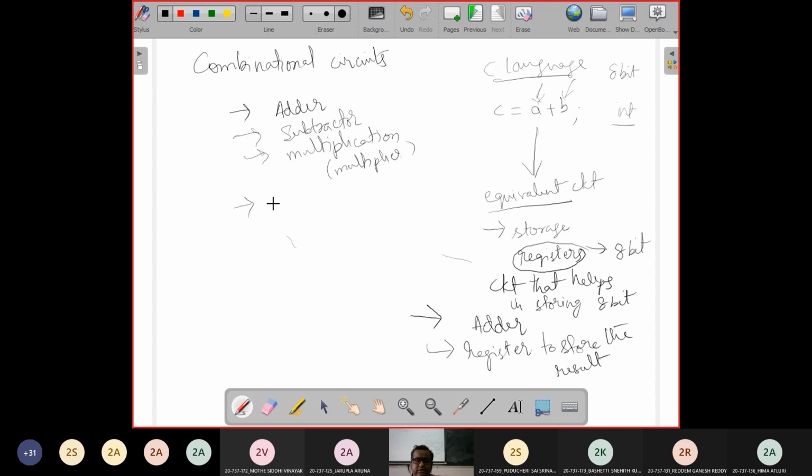Whenever I press a key on the keyboard, some code is generated internally. If you know from your programming, every time I press a key, a binary code is generated. Does anybody remember what this binary code is? It's ASCII code.